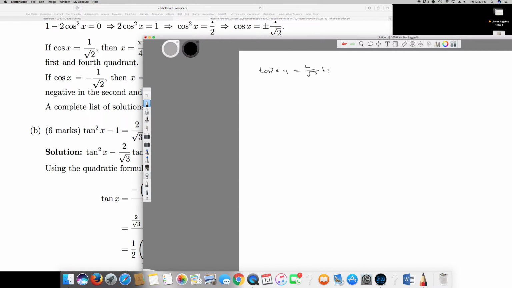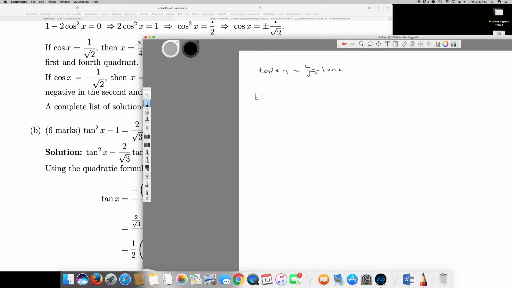Since this is like that, I can't just do anything in the same form. So what I have to do is, to make it into a quadratic, I have to bring this side into the left side. So let's make it all together and equalize it to 0. Then it will be easier for us to solve, right?